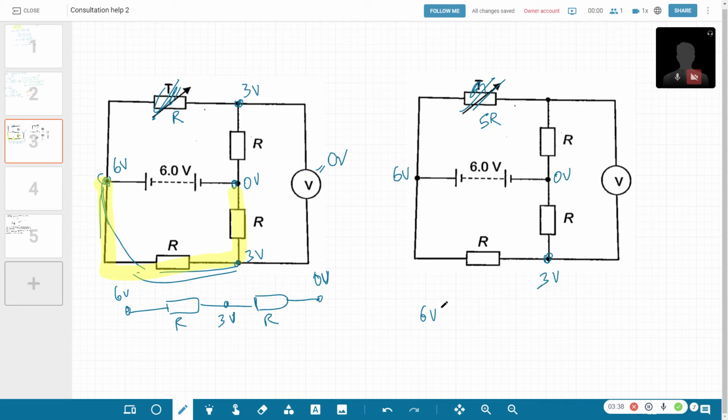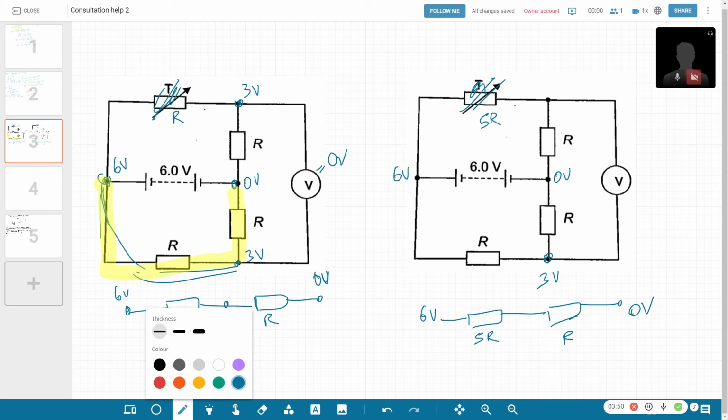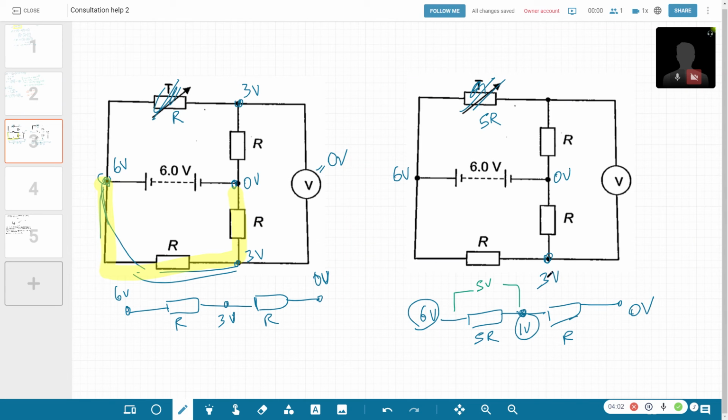The top part, you have your 5R, R, and then 0 volts. The potential difference across this 5R must be 5 volts, which means that our potential is 1 volt. The 6 volts and the 1 volt, the difference is giving me 5 volts. So here it must be 1 volt.